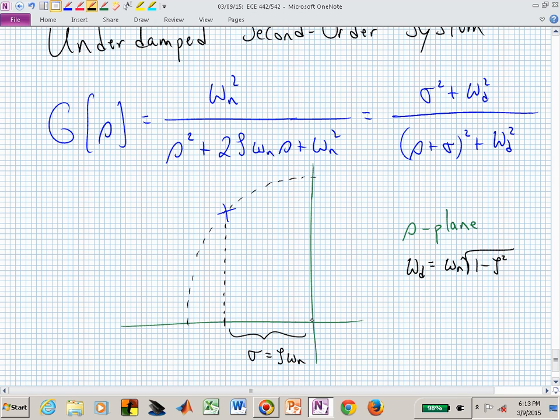This distance away from the origin, that's supposed to be a hypotenuse or a straight line, that is omega sub n. The angle that that hypotenuse makes with the negative real axis we will call theta, and don't confuse that with theta sub d. It's a different angle.